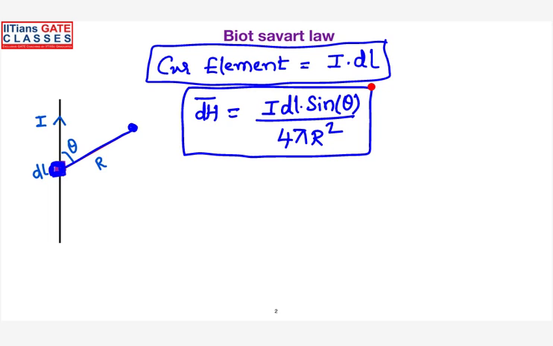Can you tell me what is the unit of this magnetic field intensity? Please reply in the chat box. What will be the units of magnetic field intensity? You can see this here only.